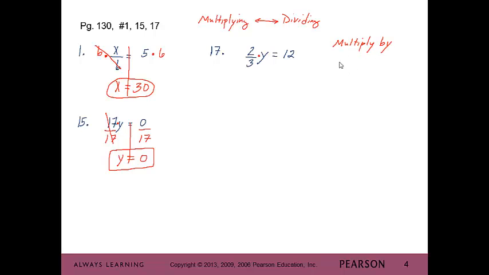And the reciprocal is just a fancy name for the flip. So all you need to do is flip the fraction. So we're going to multiply both sides by 3 over 2. Notice that the 2 and the 3 cancel out, and we're left with y equals, and then 12 times 3/2 is 18. So y equals 18. And again, you can check this by plugging it back in.